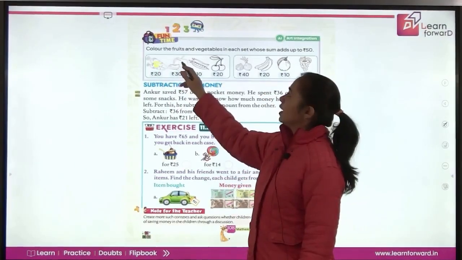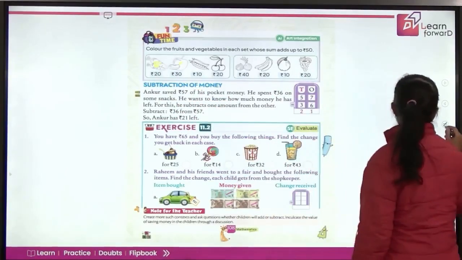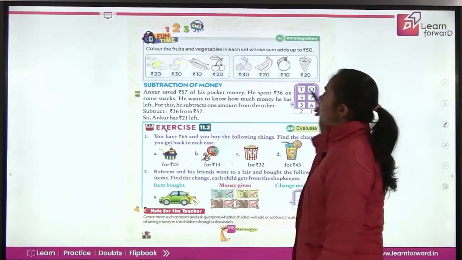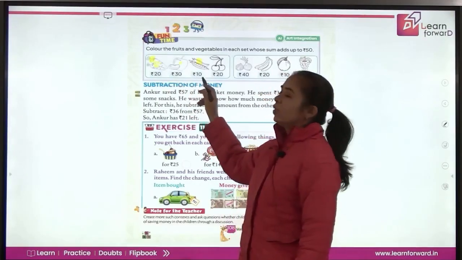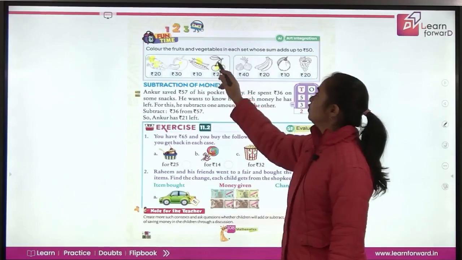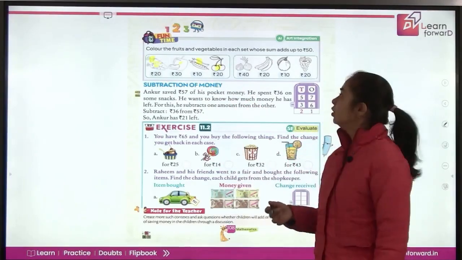Yes, you can take an apple. Or with carrots, you can take peas 10 rupees. So 20 plus 10 is 30 and 30 plus another 20 is 50. So we can take cherries also. So like this, you can make different groups.